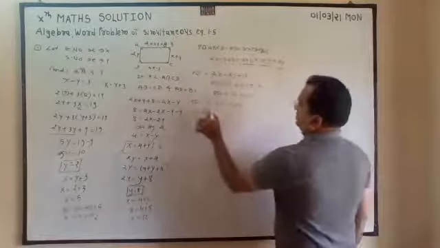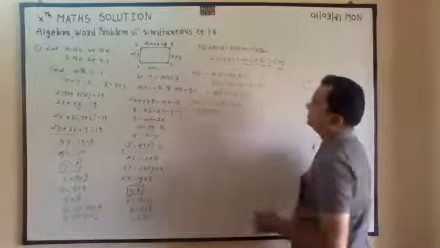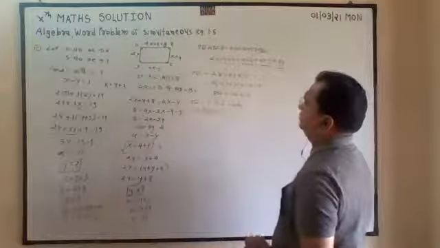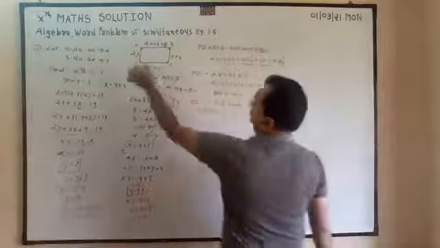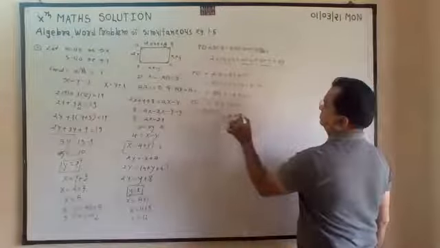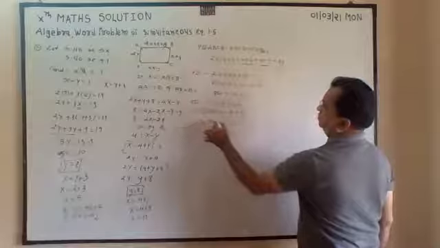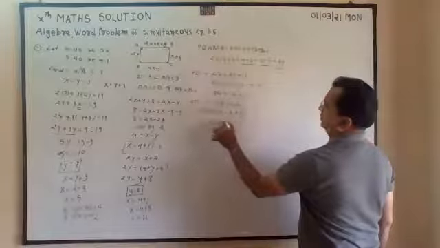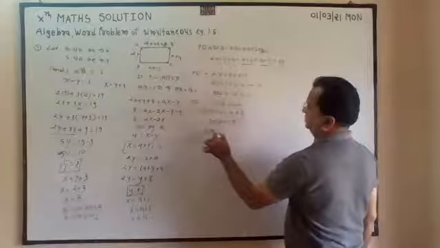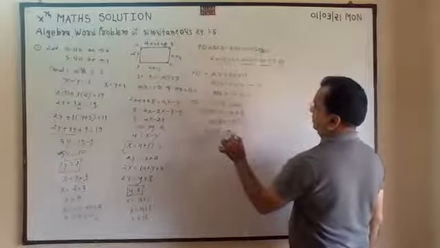Now the area of rectangle ABCD. Take the smaller one, we will omit this. So this into this, you can take height into base. So that is 2y times 4x, that is 8xy minus 2y square.